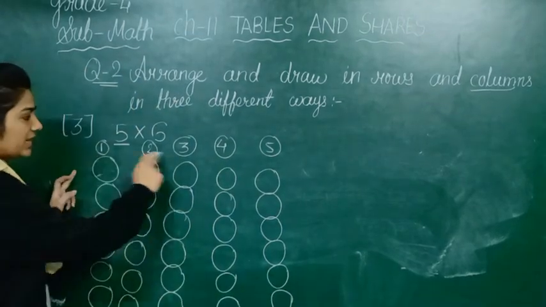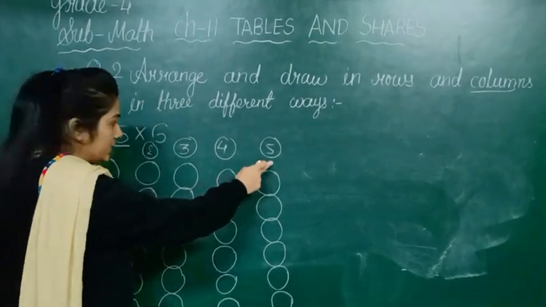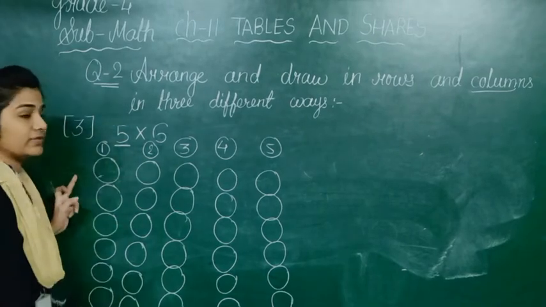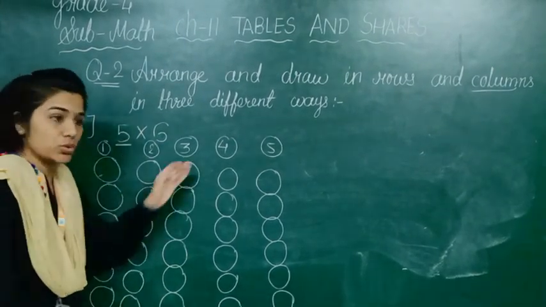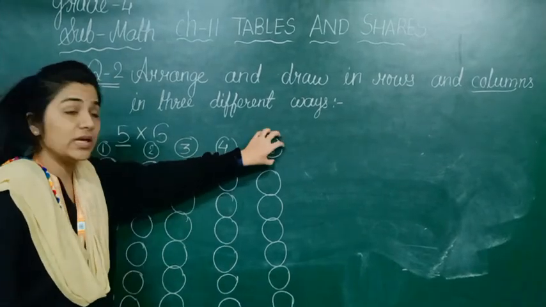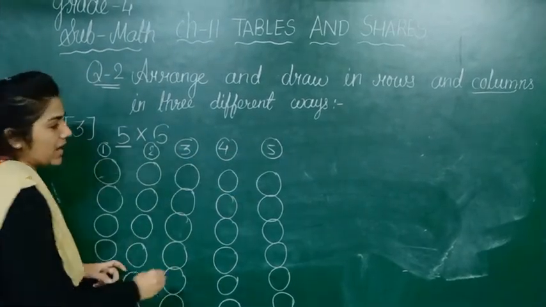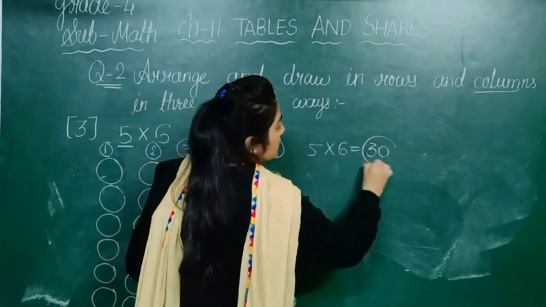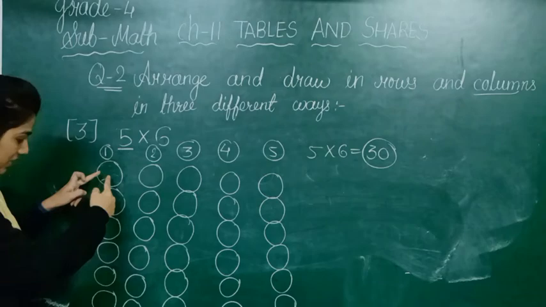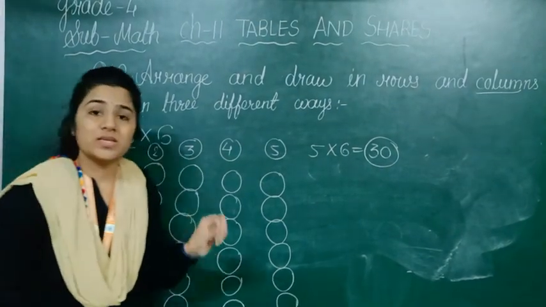See, we have a total of 5 columns, and in each column I have drawn 6 circles. That means if you count the total circles of the 5 columns, you will get the same answer, 30. Right? Because in each column we have 6 circles.